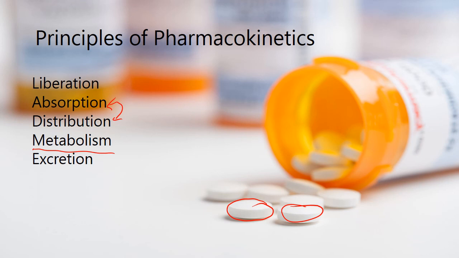Now there's some small proportion of metabolism that's done by the kidneys. However, our kidneys have a much greater role in this final principle, which is excretion. So metabolism predominantly occurs within the liver, whereas excretion predominantly occurs within the kidneys.